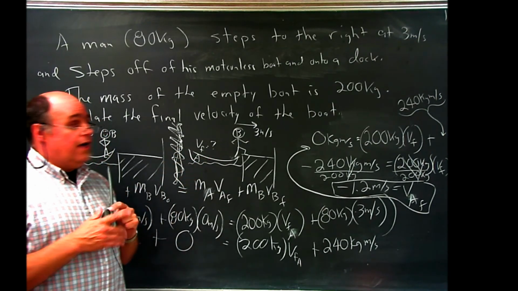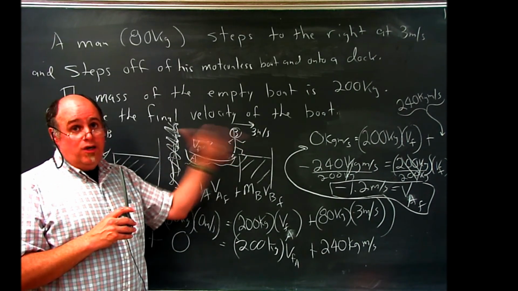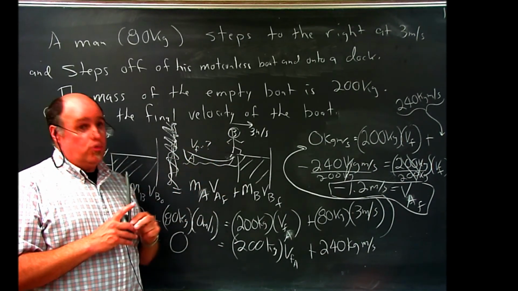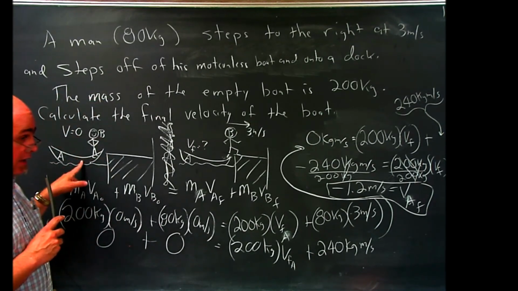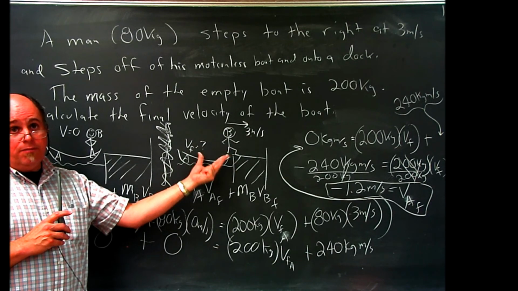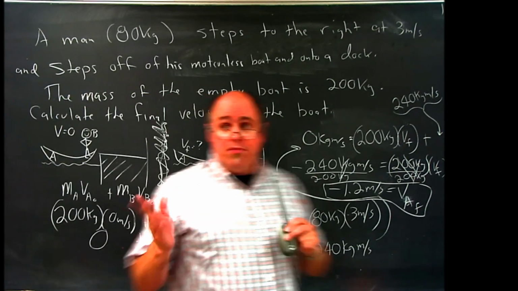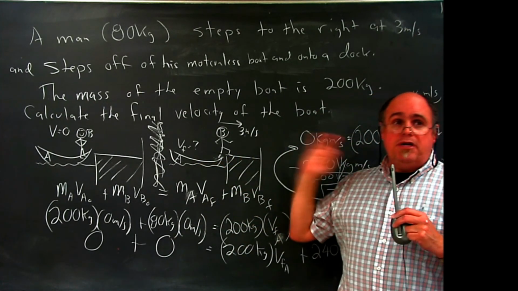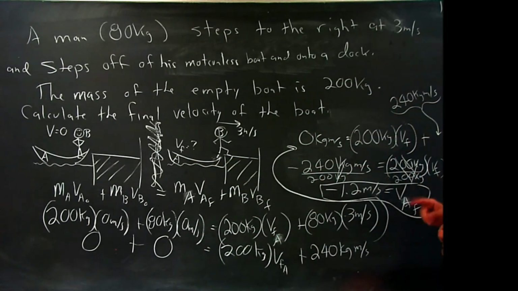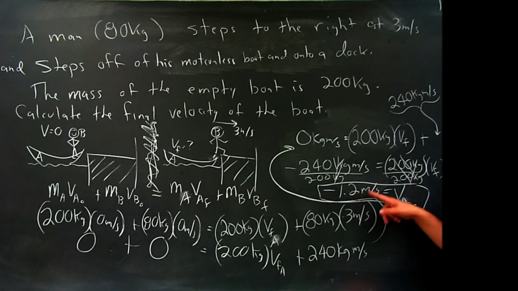When you add positive momentum going to the right to the same amount of negative momentum going to the left, they add up to 0. So you had no momentum at the beginning, and you have to have no momentum at the end. These two cancel each other out. Even though they're both moving, the total momentum of the system after he steps off is 0. That only happens if the boat has a speed of negative 1.2 meters per second.